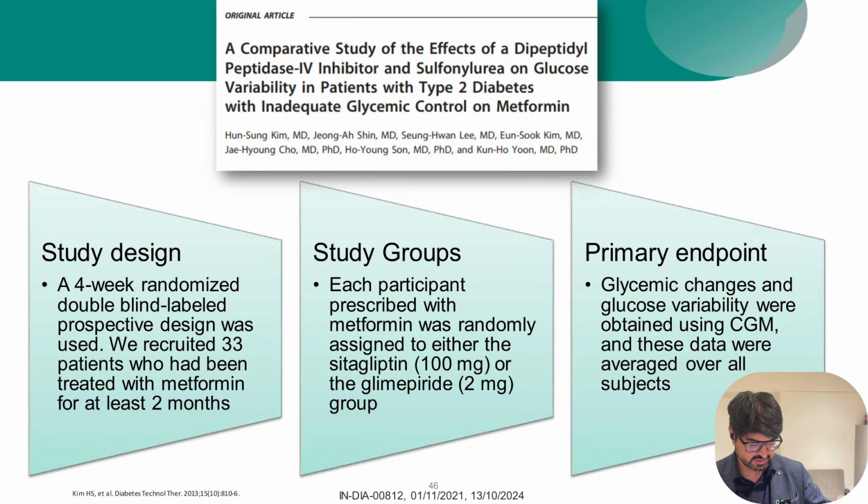Okay, now let's look at another study, which is a comparative study of use of DPP4 and SUs on glucose variability in type 2 diabetic patients on metformin. So this is a short study, a 4-week randomized controlled trial. In this, each participant was prescribed metformin, randomly given either sitagliptin or 2 mg of glimepiride. What they were looking at was glycemic variability using CGM.